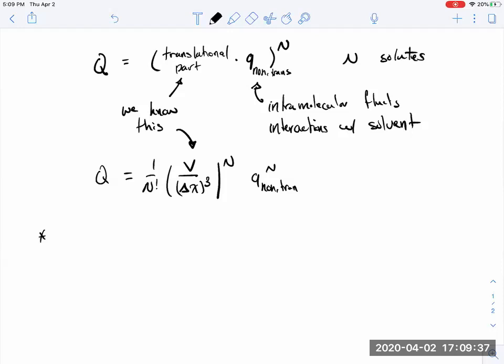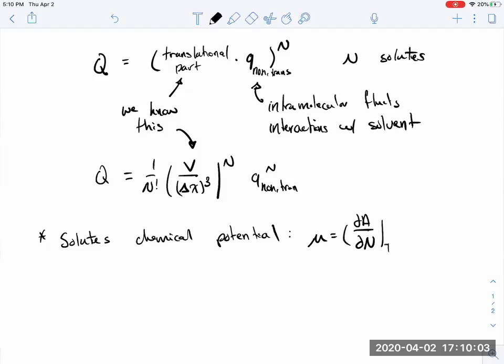We can note that by reminding ourselves that the chemical potential for those solutes, say mu, is defined by how the Helmholtz free energy changes with the number of those solutes if I were to fix T and V, the other natural variables of the Helmholtz free energy.